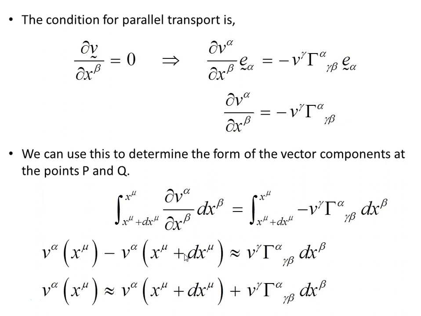On the right here, for a small infinitesimal increment, this integral is approximately equal to this, and maybe some higher order terms in dx^β, which will disappear very quickly because they are infinitesimally small. So what we can say then is V(x^μ), the vector at x^μ, is approximately this vector plus this bit added on.